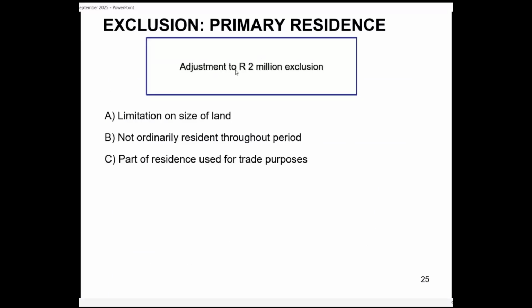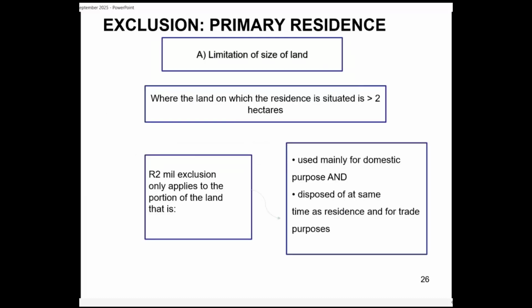So adjustments to the 2 million exclusion: limitation on the size of the land, not ordinary resident throughout the period, and part of the residence used for trade purposes. If part of the residence was used for trade purposes, it qualifies for section 11A, so only one part is excluded from the 2 million.